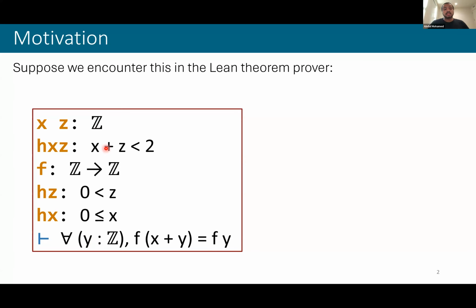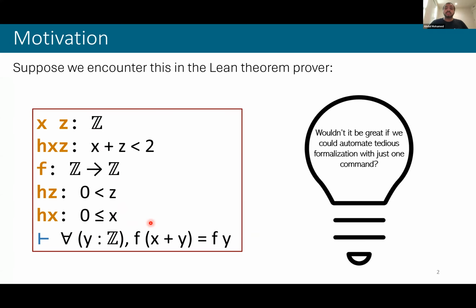And you have these constraints about the relationship between x and d. Right now, there is no single button automation tool that can handle this in Lean. And our goal was to try to figure out if we could integrate the Lean Theorem Prover with other proof assistants to help with this process.